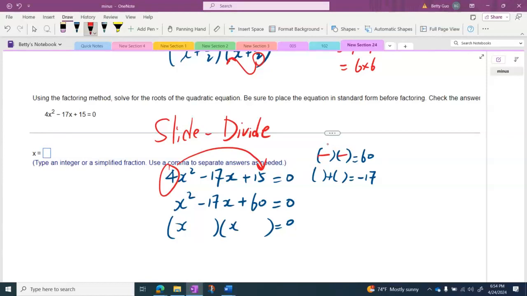So you want to look at the 4 cases, the 4 conclusions on the note. If two integers multiply to positive, add up to negative, then the two integers must be both negative.